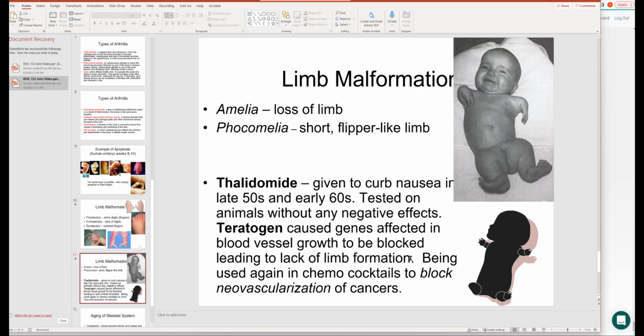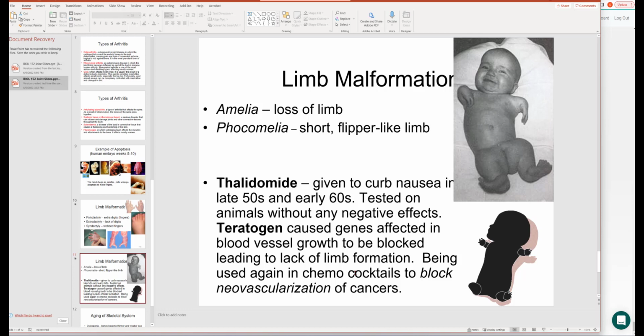Now, thalidomide is still used in some limited capacity because it does block the formation of blood vessels. It is sometimes given in chemotherapy cocktails because a tumor, right? It's a group of cells. Remember back to our conversation about cancer. Cancer tumors need to have a supply of blood. They need to create angiogenic changes.